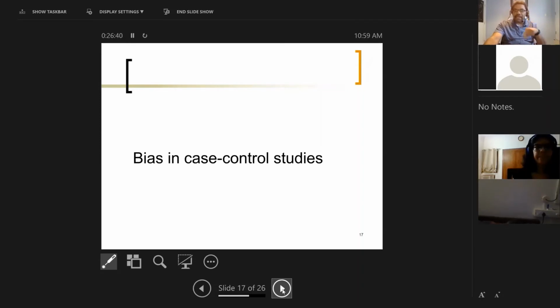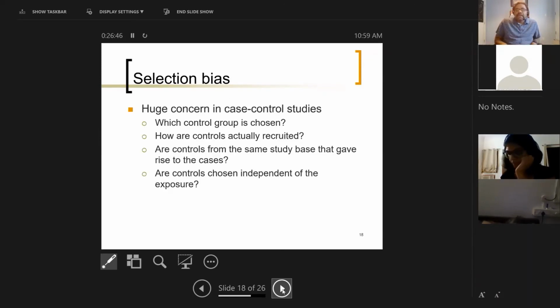Now I'll illustrate some of these dilemmas on the ideal control population when I talk about bias in case control studies. So the biggest bias in a case control study is the control population. Are you doing a good job of control selection? If you get a bad set of controls, methodologically bad set of controls, you can completely bias your study results.